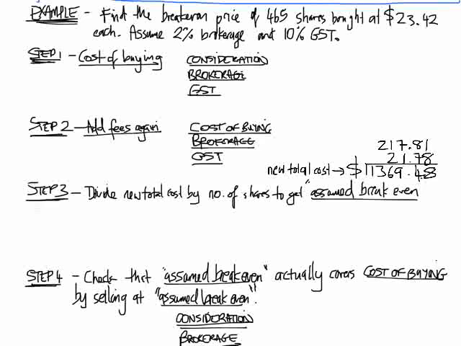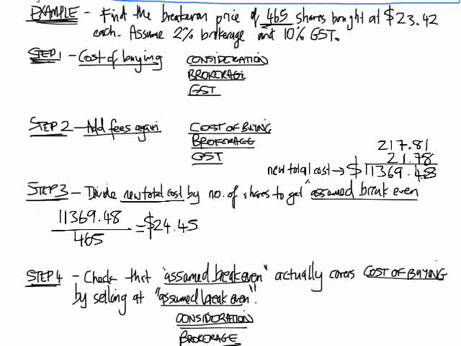So we need to divide this new total cost that we just got, that's the cost of buying plus brokerage and GST again, by the number of shares. So $11,369.48 divided by the number of shares, which was 465 of them, equals $24.45.